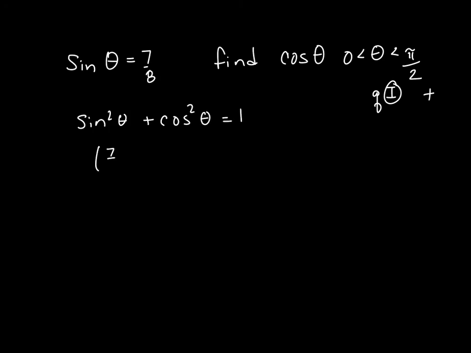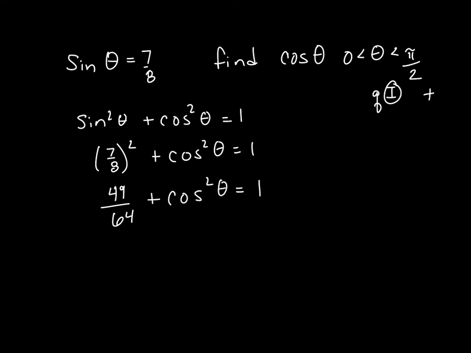So my sine squared becomes 7/8 squared plus cosine squared of theta is equal to 1. 7/8 squared is 49 over 64 plus cosine squared of theta is equal to 1. You want to now go ahead and subtract 49 over 64 from both sides.